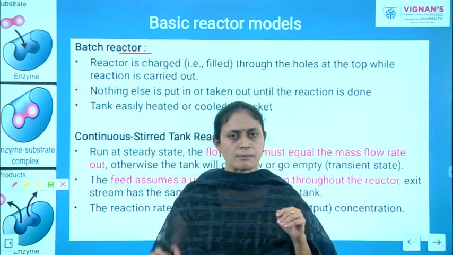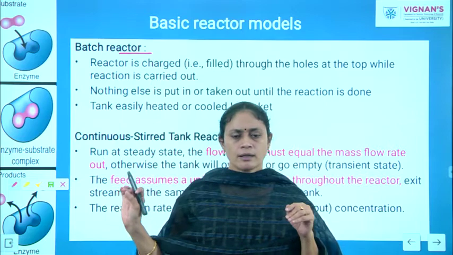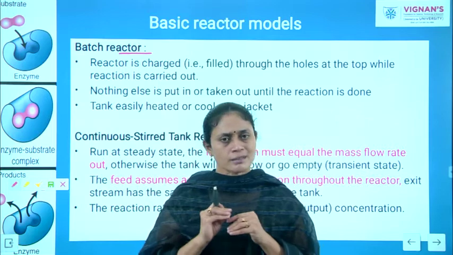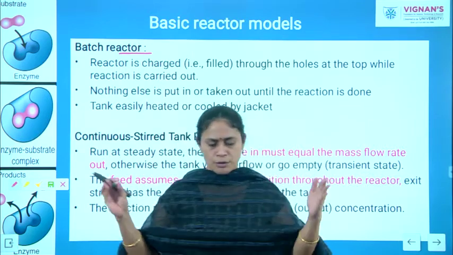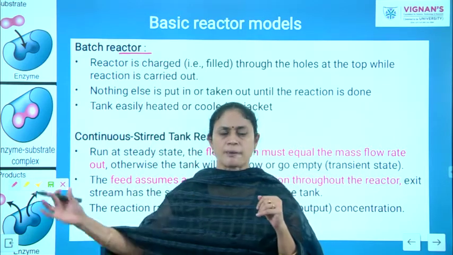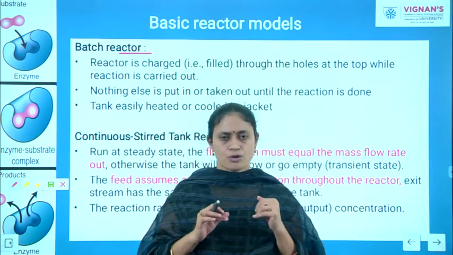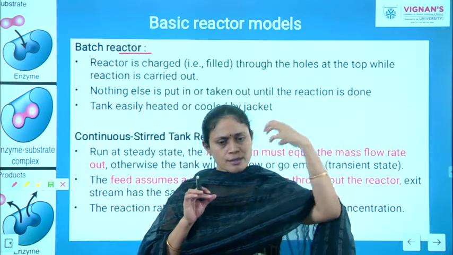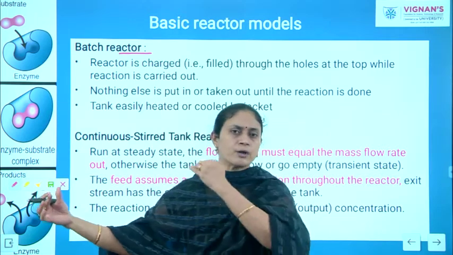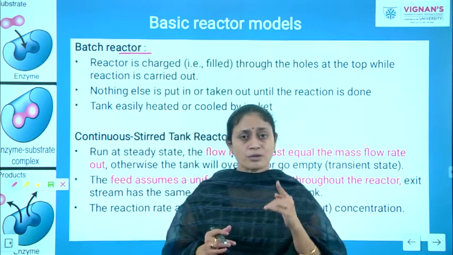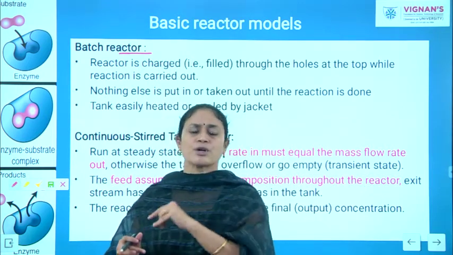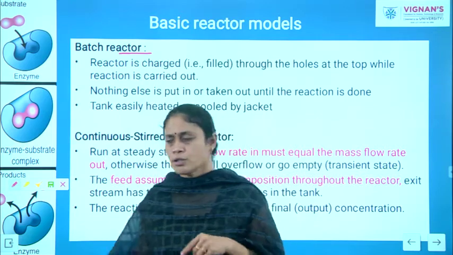Ultimately, your product is formed after supplying the ambient conditions and after a certain incubation time. Once your product is formed, you stop your reactor, you halt it, and then you separate your product from the reactor. So, you are adding your substrate and enzyme once, and you are separating your product at the end of the process. So, this is a batch-wise way of production of your required product.